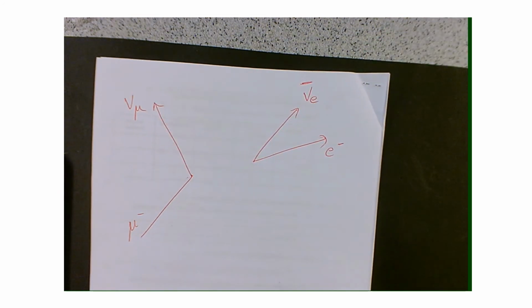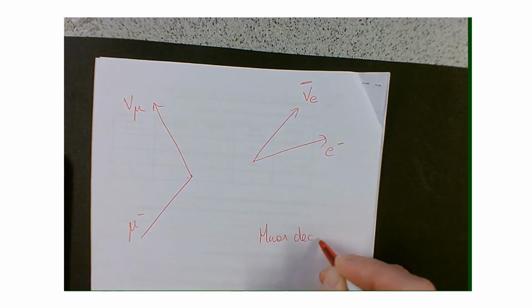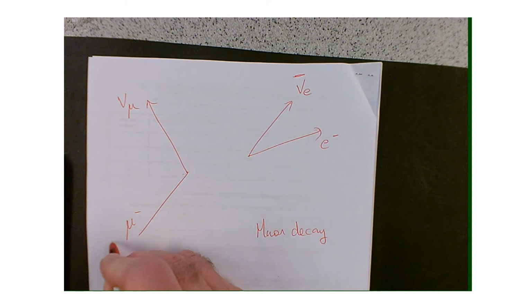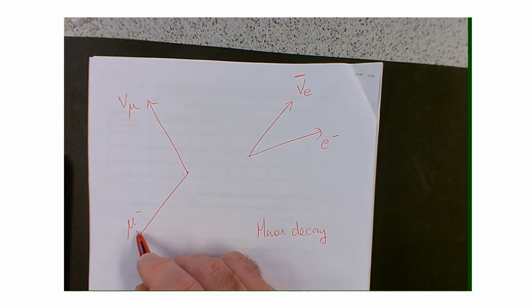Okay, so this is the Feynman diagram for the muon decay. If I had just written down an electron and an antineutrino, I'm not going to get this to balance, because I've got a muon lepton number of 1 coming in, and on this side my muon lepton number is 0. So I needed to have a muon lepton number of 1 coming out.